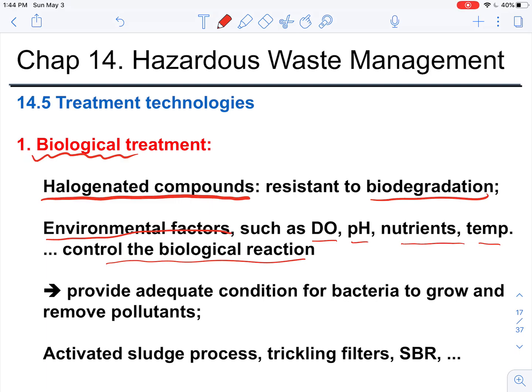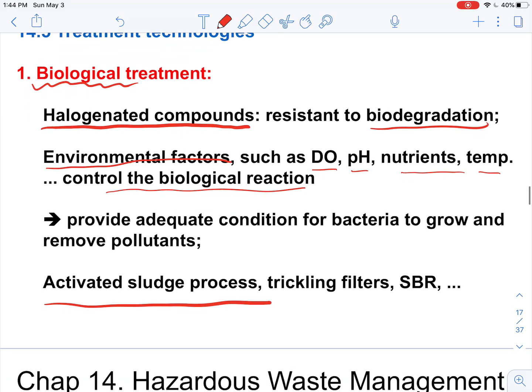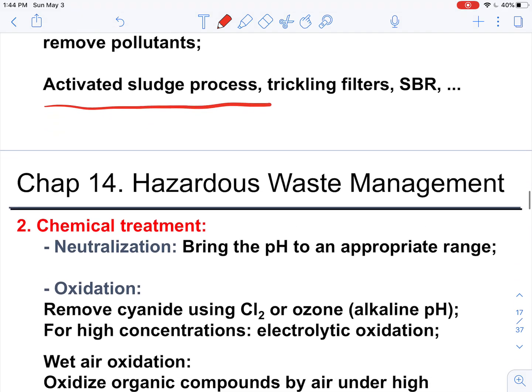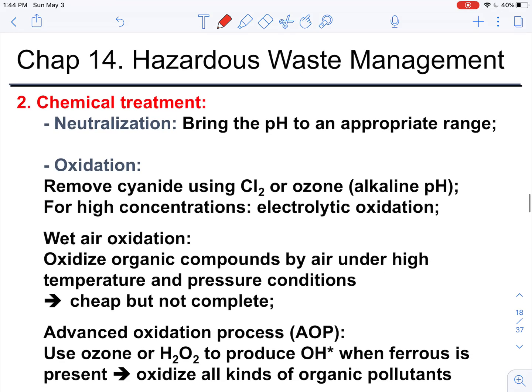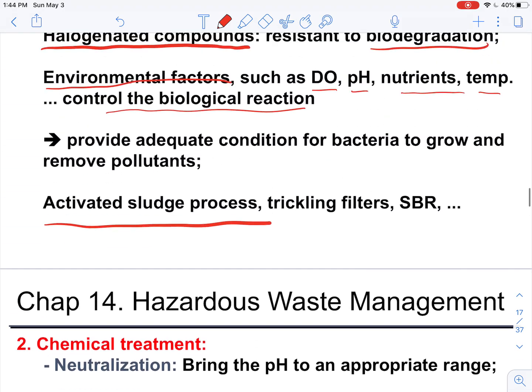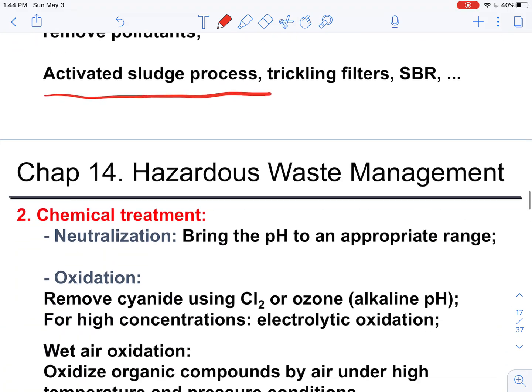So we should provide adequate conditions for bacteria to grow and remove the pollutants. We can use the activated sludge process. Again, this is for wastewater treatment, as are trickling filters and other processes.